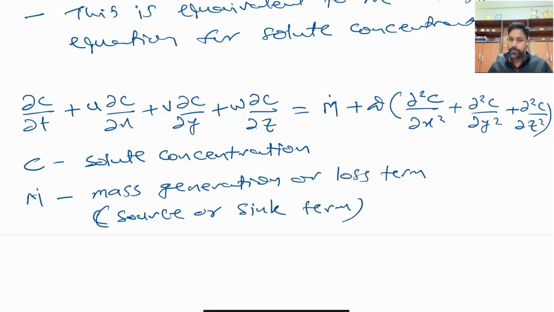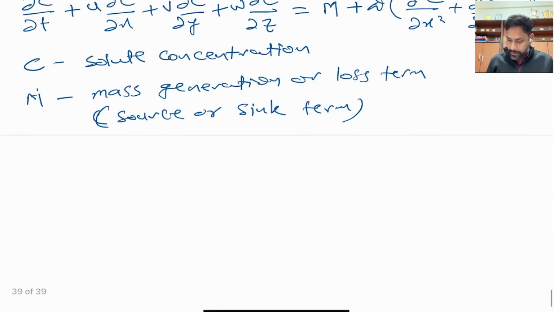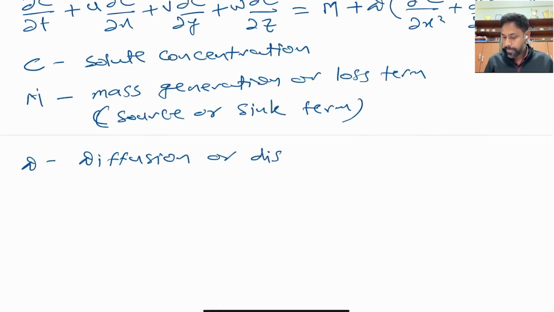Okay, so if you have some extra mass coming into the system or mass is getting lost during the flow, you consider m dot there, and then c is the concentration, and D here is the diffusion or dispersion coefficient.